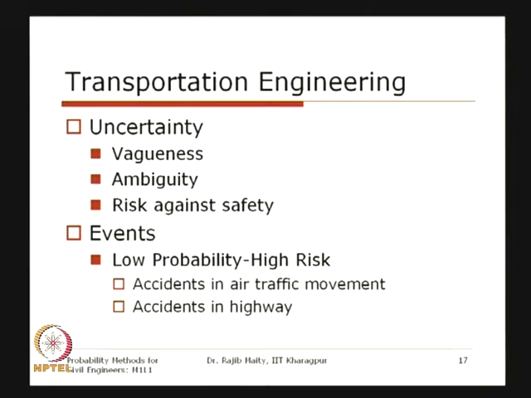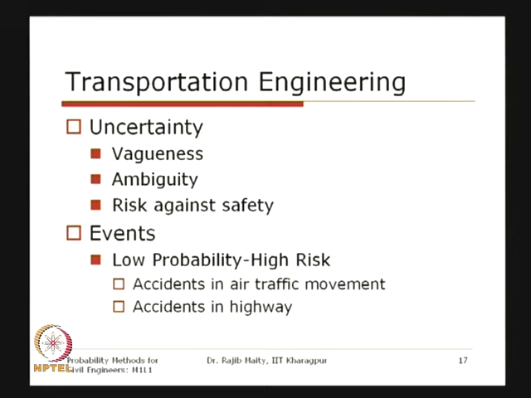So the vagueness of the attributes that we estimate from the field condition, and the natural ambiguity inherent in the system, are among the most important issues that need to be taken care of in transportation engineering.